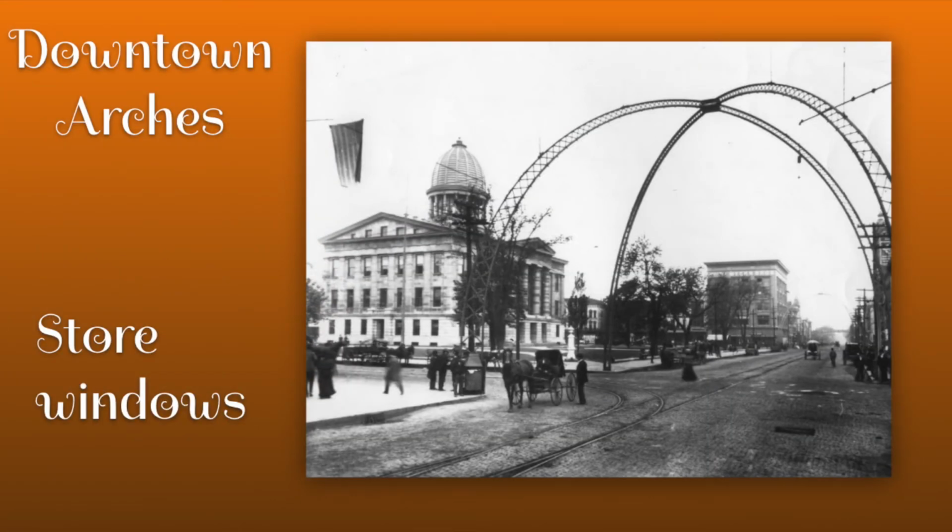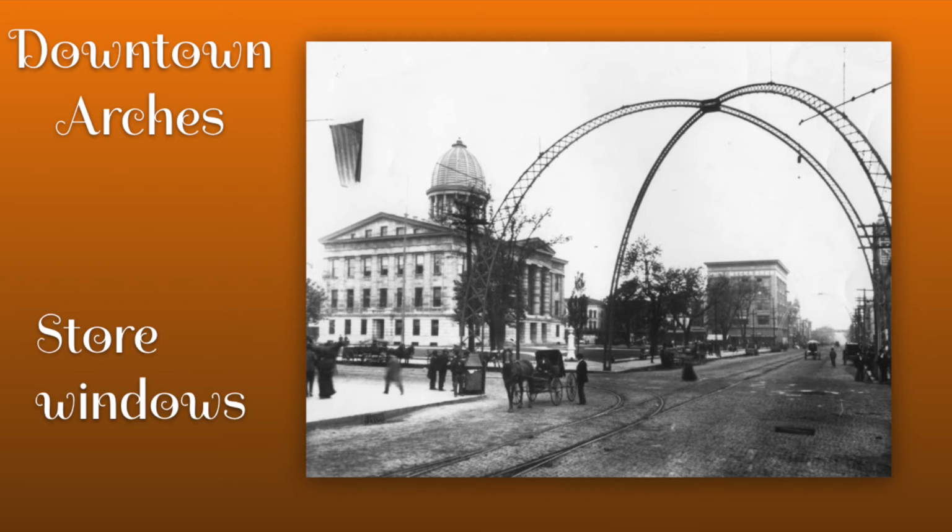The downtown arches stood on all four corners of the square, the old state capitol as we know it today. The arches were erected in 1899 in preparation for the Illinois State Fair parade and festivities. They reportedly added to part of Springfield's charm.